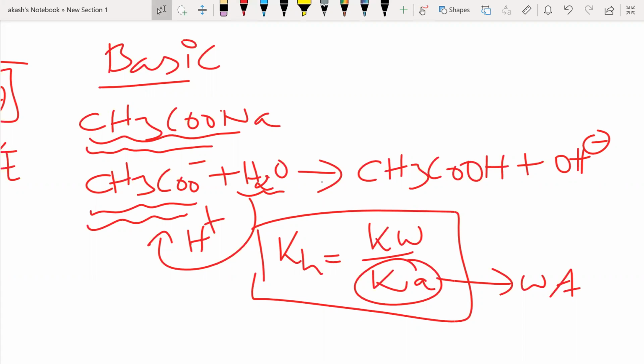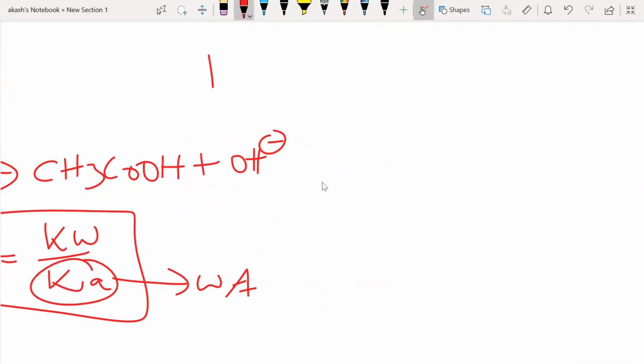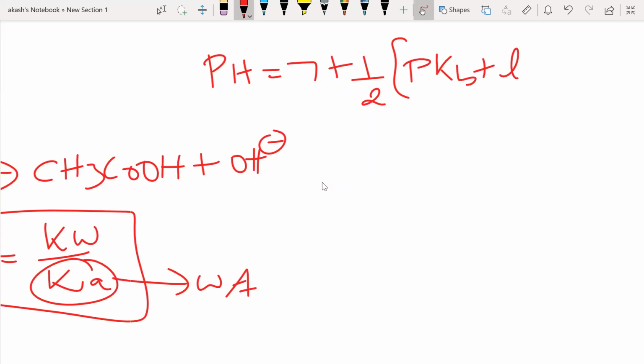Now the pH value: pH will be 7 plus half into (pKa plus log C).